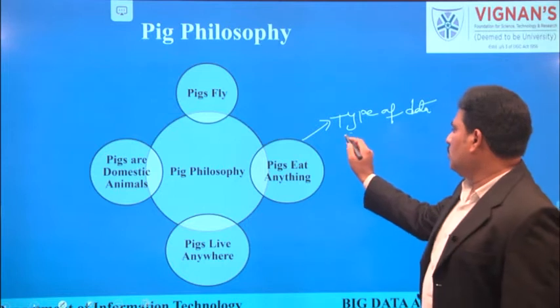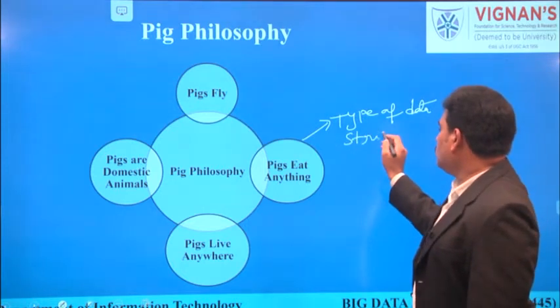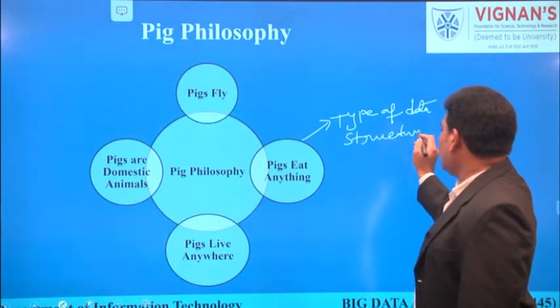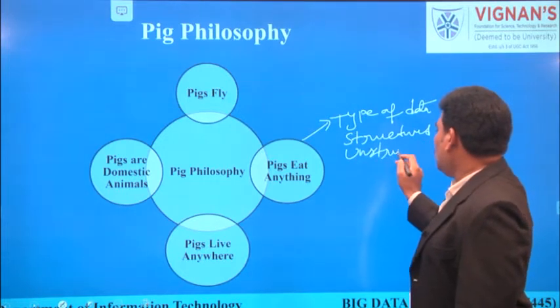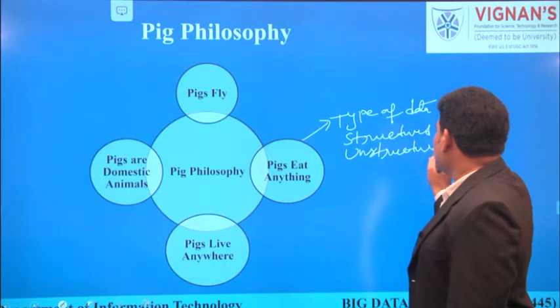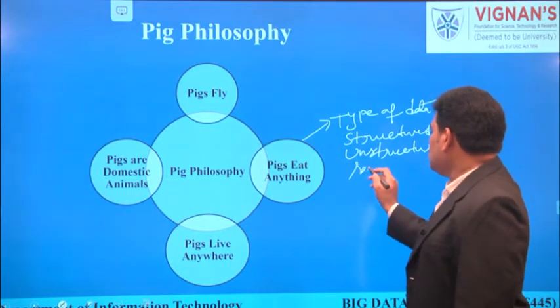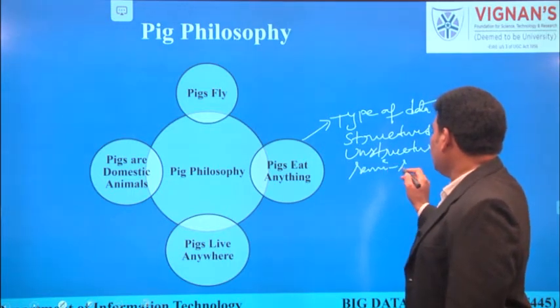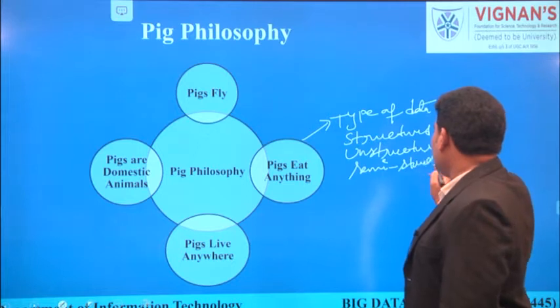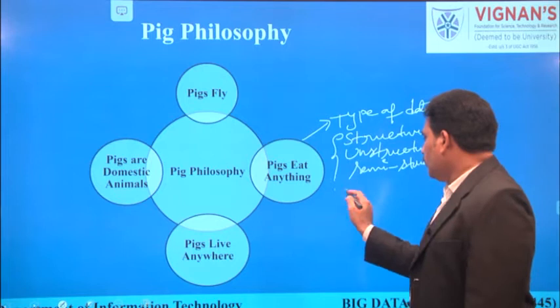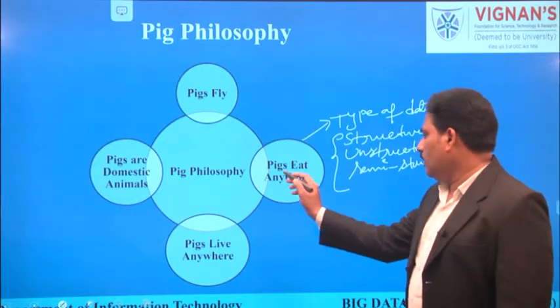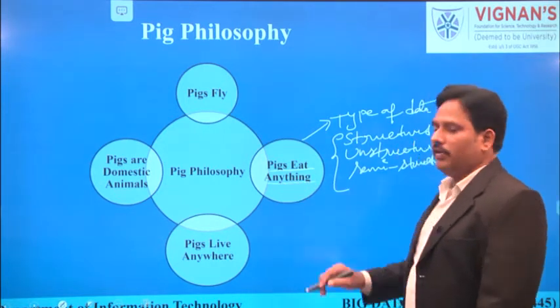That means we can store structured data, unstructured data, and semi-structured data. This is the meaning: in the Pig environment, we can store any type of digital data. That is the meaning of Pig eats anything.